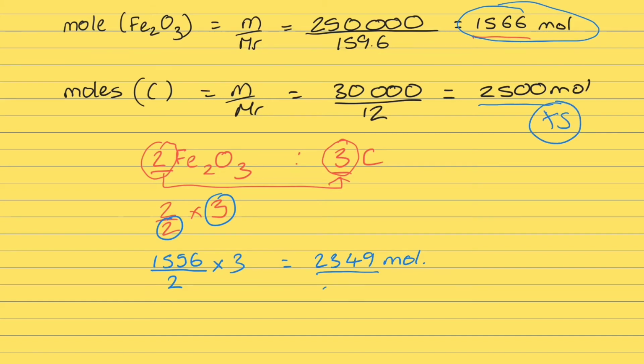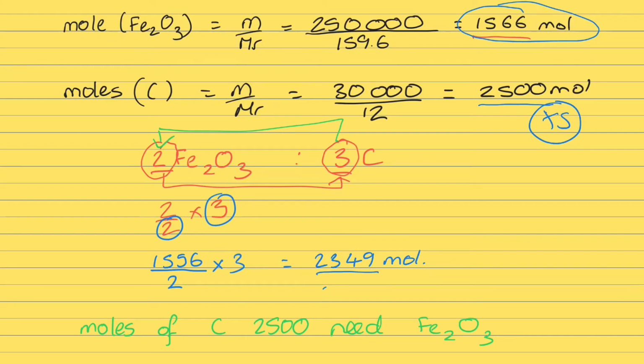Okay, we can also do this another way just to confirm. So we can also say that the moles of carbon, which is 2500, would need how many moles of Fe2O3? To do this, we're going the other way in the ratio, so we're going from 3 to 2.